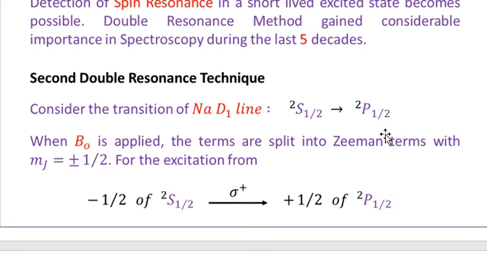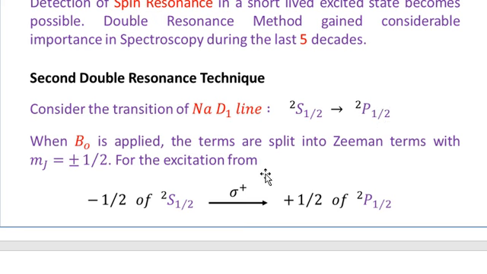So under the application of the magnetic field, the j degeneracy is lifted and the levels split into mj levels. The mj levels will be plus or minus 1/2 for both the ground state level and the first excited level, which is P1/2.